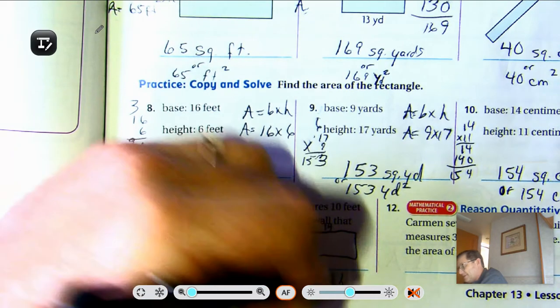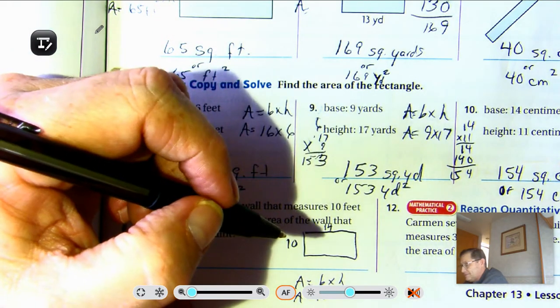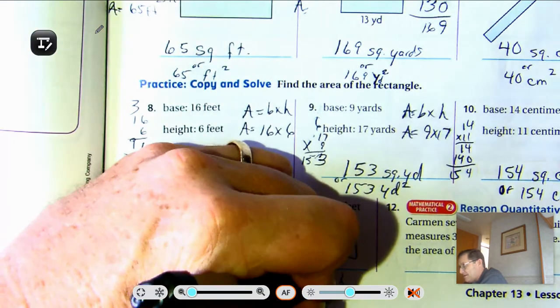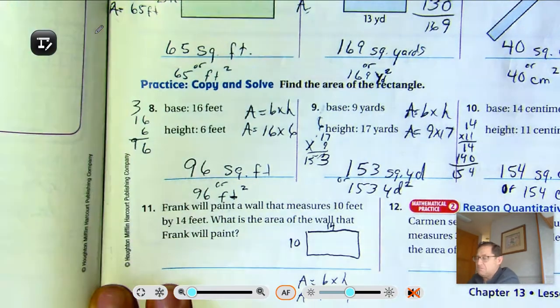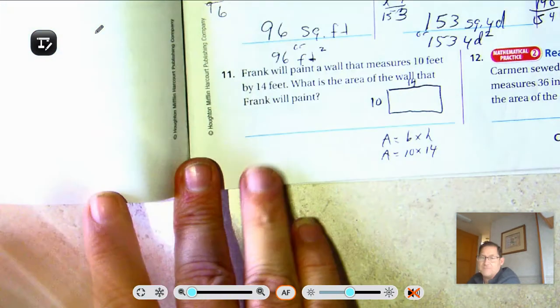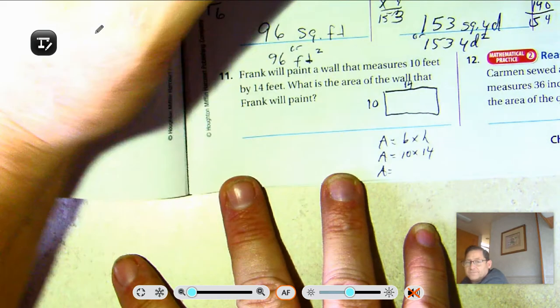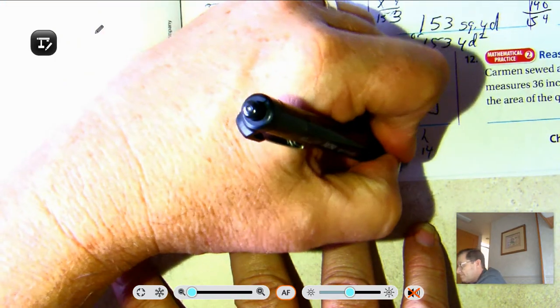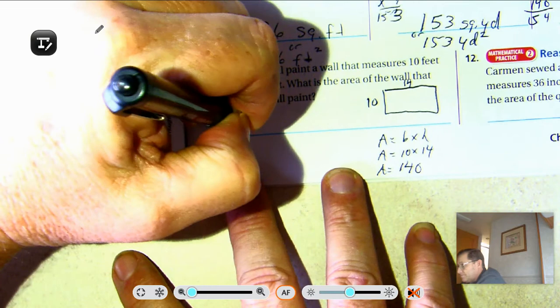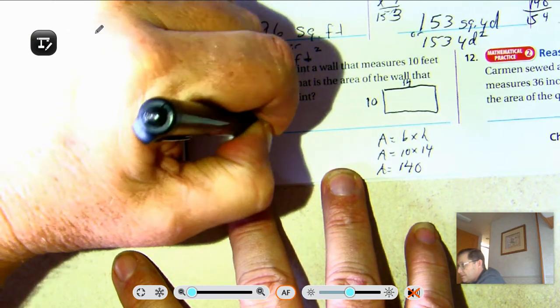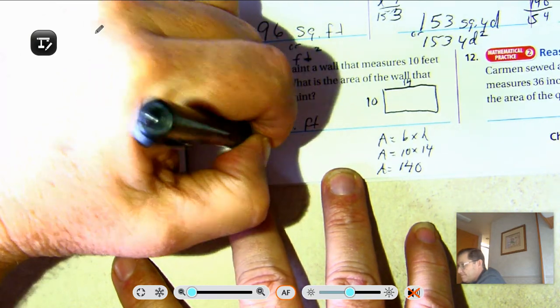So I'm going to call my base 10 and my height 14. This is probably the other way around, but does it matter? No. So what is 14 times 10? Well, 14 times 10 is 140. So 140 square feet.